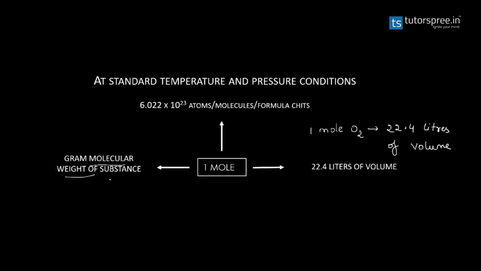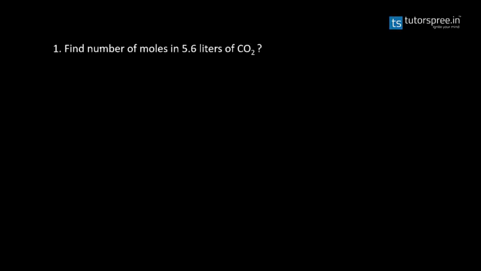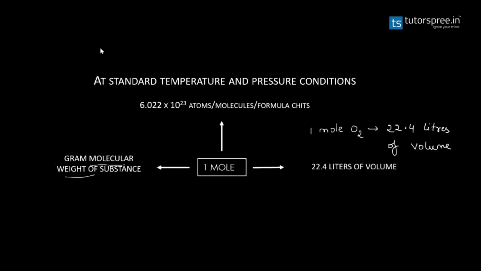For example, if I take water, we calculate the molecular weight of water. The atomic weight of hydrogen is 1, and there are 2 hydrogen atoms, so we multiply 2 into 1 and then add the atomic weight of oxygen, which is 16. As we have only 1 oxygen, it becomes 2 plus 16, that is 18 units.